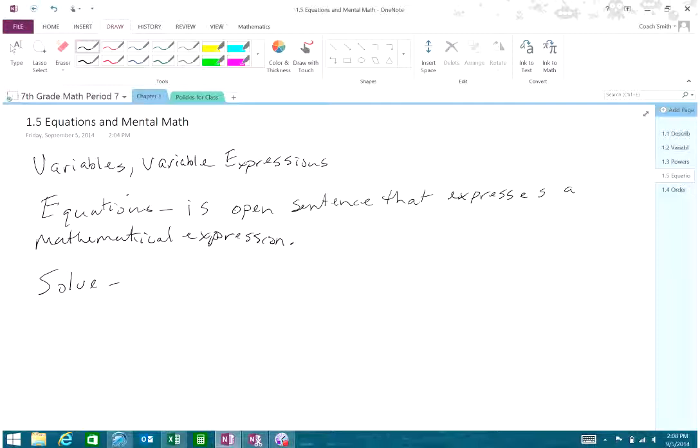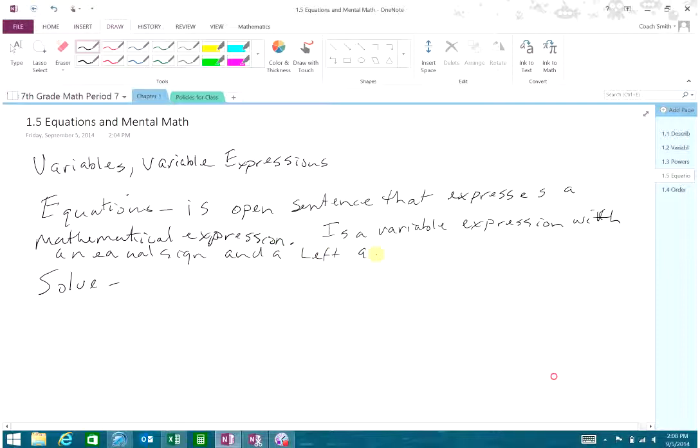Fancy way to say, an equation is a variable expression with an equal sign and a left and right side.